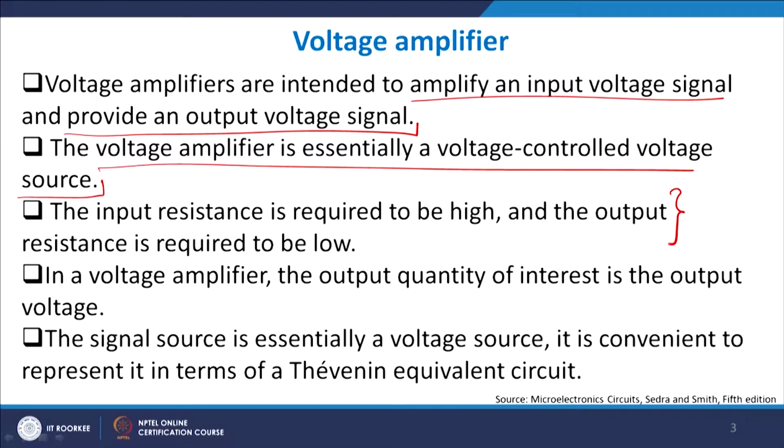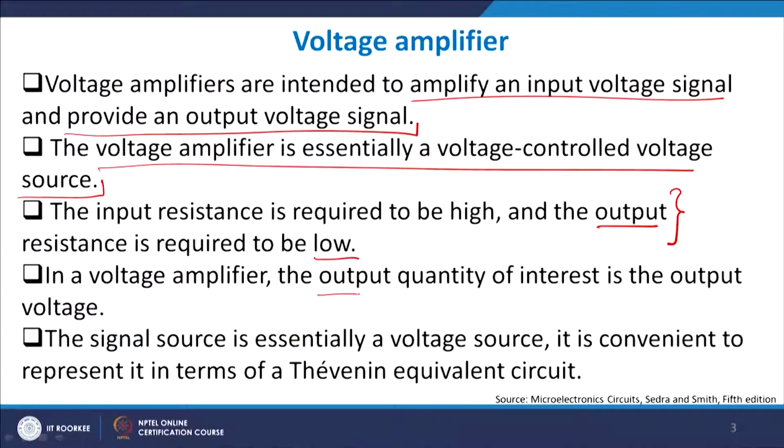In this case, as we will see, the input resistance is quite high and the output resistance is quite low, just like an op amp. The op amp is an example of a voltage amplifier, we already know that, and its input resistance is infinitely large, or very large, and output resistance is very small. The same thing happens to a voltage amplifier here.